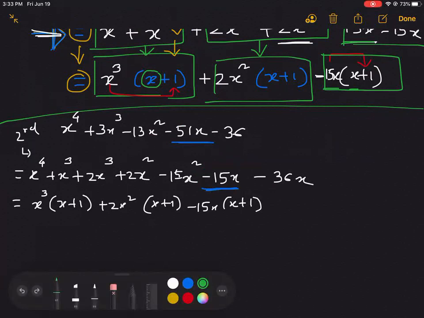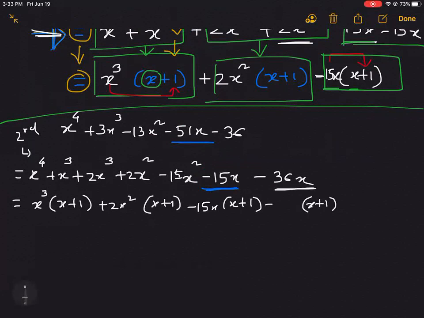Okay, now next, once again, we'll factor out x plus 1. If I factor out x from this, what will we have? Negative 36. Now, we know that negative 36 times x will give us negative 36x.